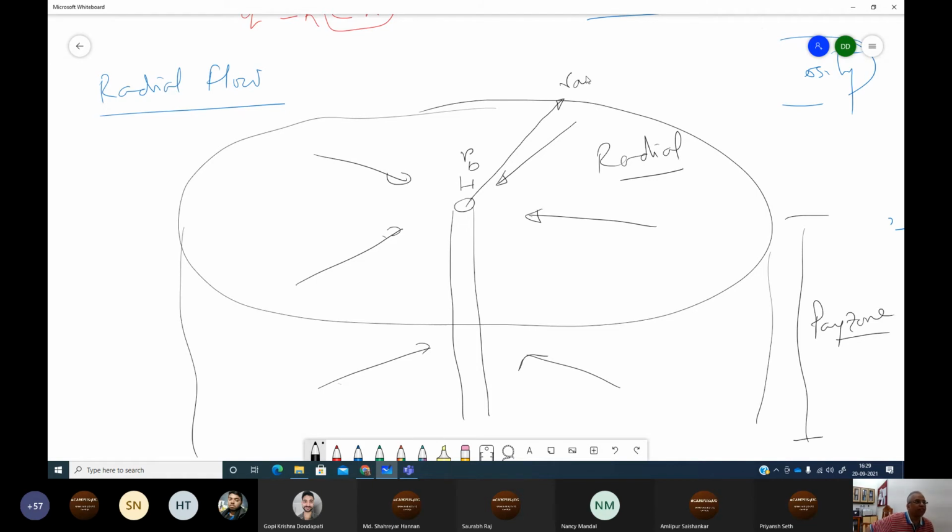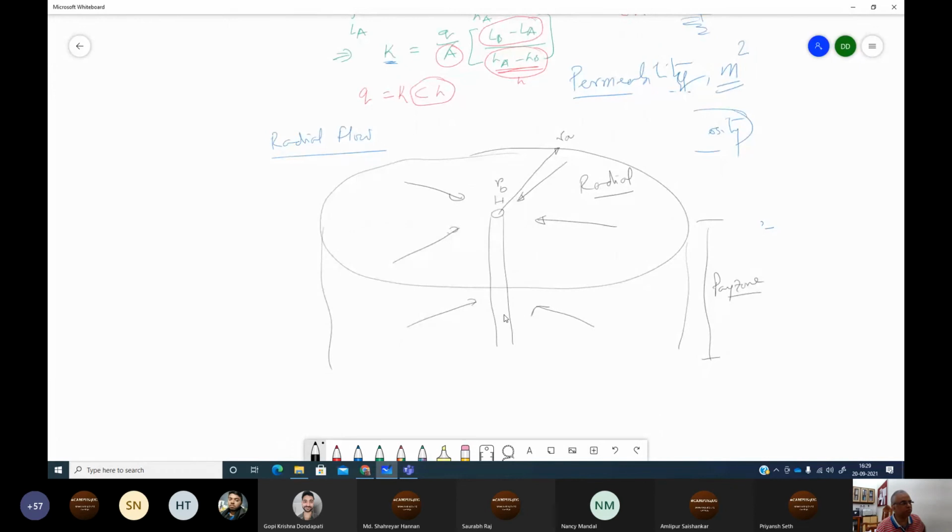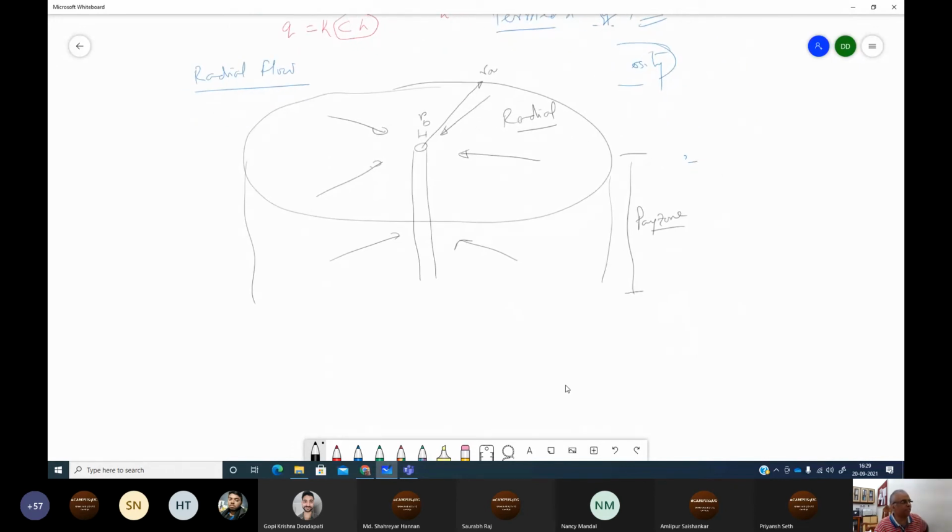So now the fluid will flow from RA, that radius, towards this well bore. Okay, is that clear?